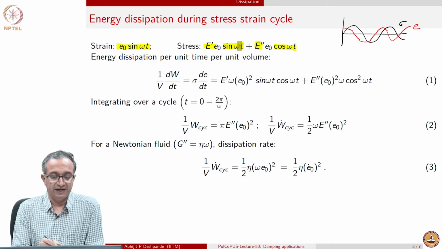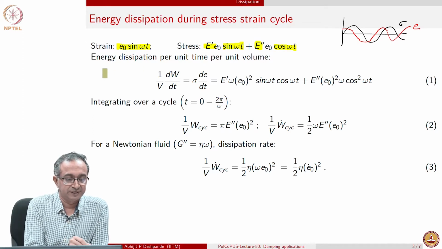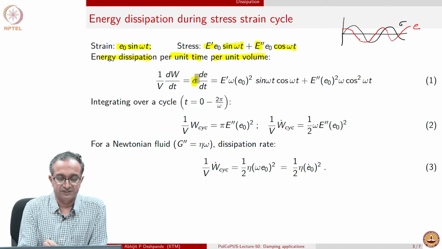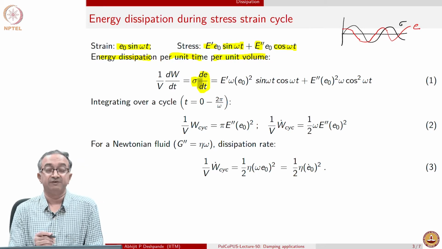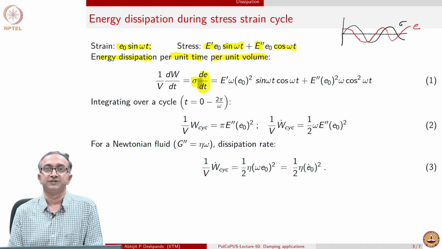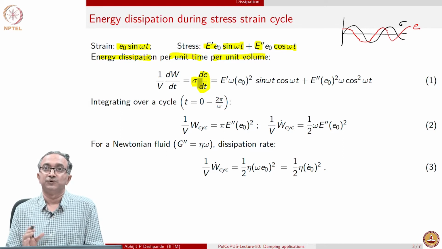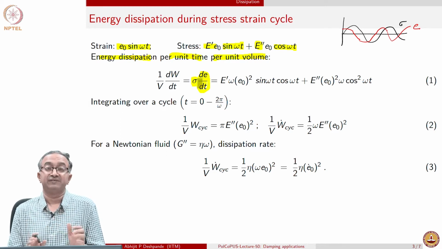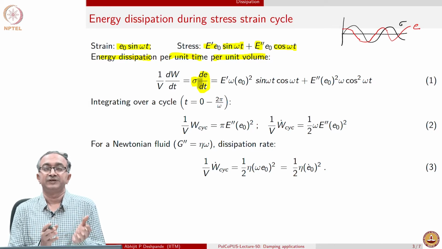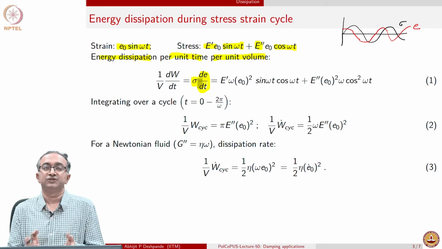So, basically what we have is energy dissipation per unit time per unit volume, and that is given by stress into strain rate. And given that we know both stress and strain for this sinusoidal variation in terms of response functions E prime and E double prime. Just to highlight the fact that what we are writing here is for a general linear viscoelastic material, because the only thing we have assumed so far is a stress of a form where frequency is omega, because input frequency is also omega.